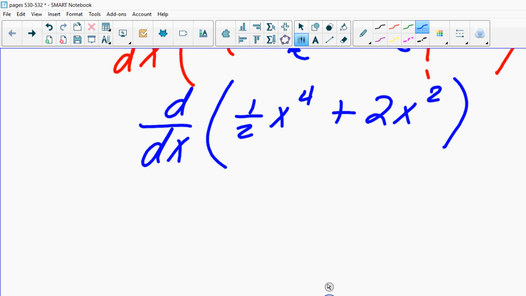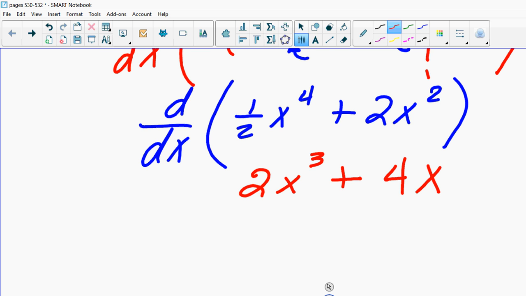Now, these variables match, so we can take the derivative. What's the derivative? 2x cubed plus 4x.